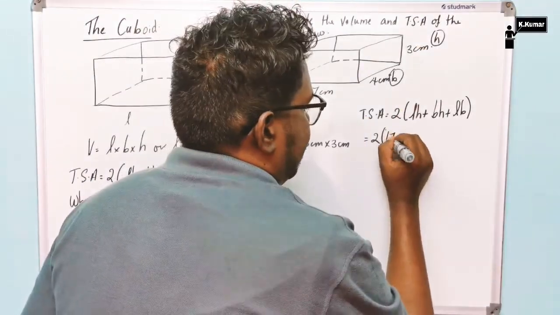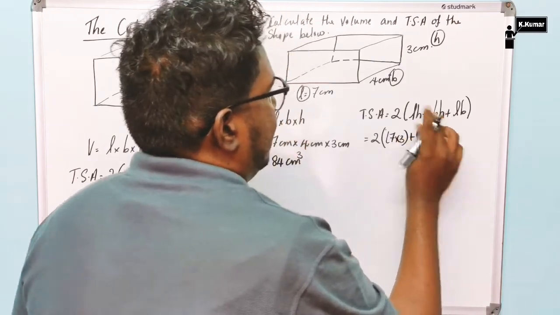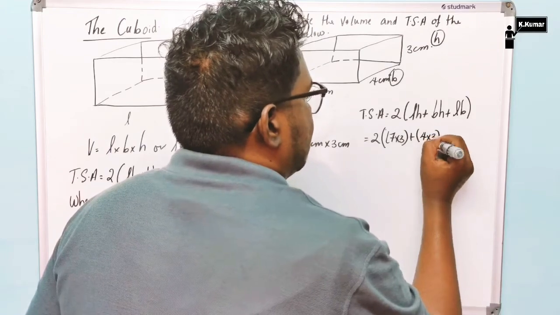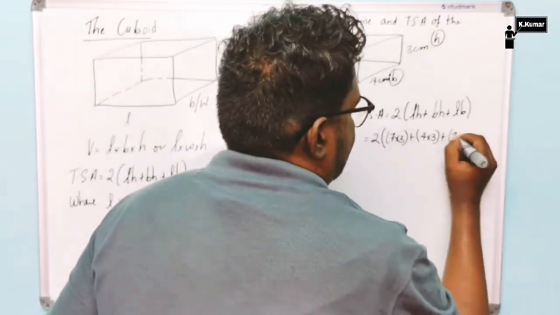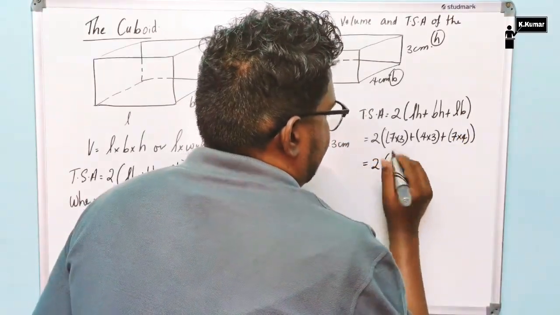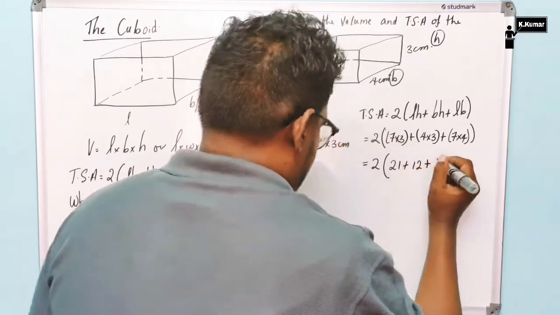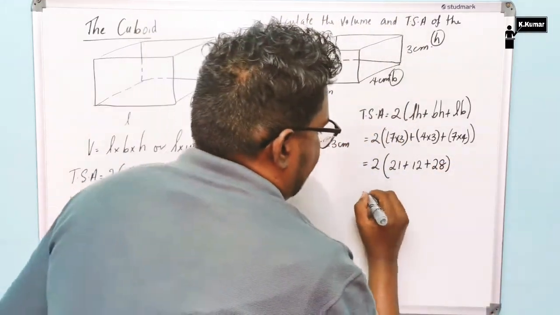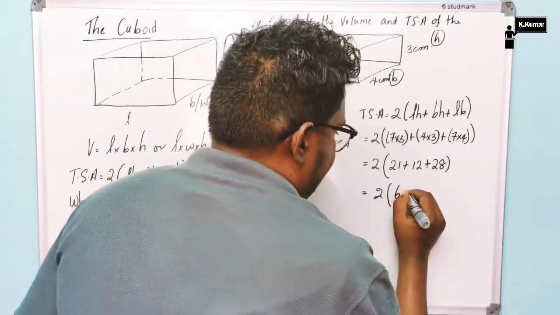So the first part would be 7 times 3, plus BH, that's going to be 4 times 3, plus LB is going to be 7 times 4. This is going to be 2 into 7 threes are 21, plus 4 threes are 12, plus 7 fours are 28. This is going to be 2 into 21 plus 12 plus 28, which gives me 61.